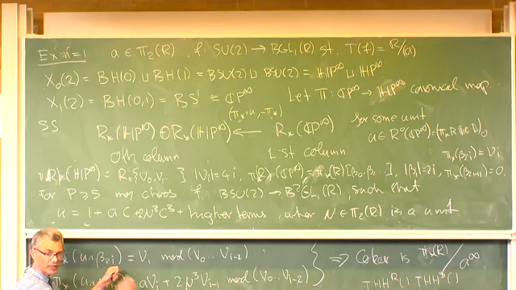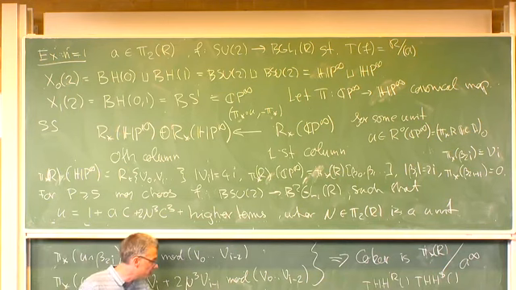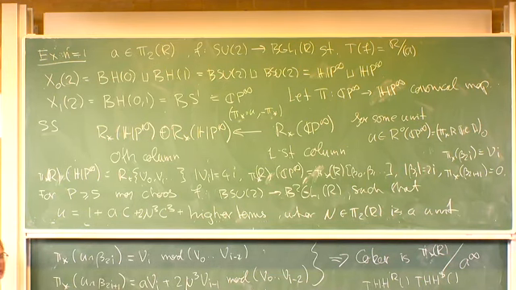Then you can look at paths between those two vertices, and that gives you a loop in BGL 1 of R, and therefore an element in the units.